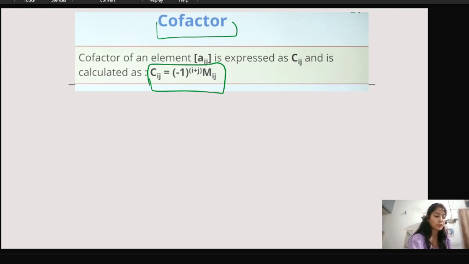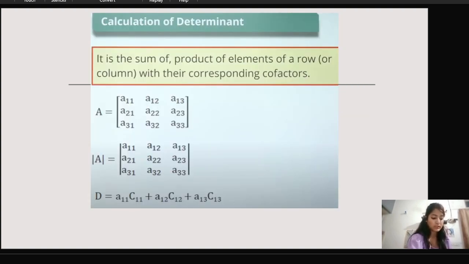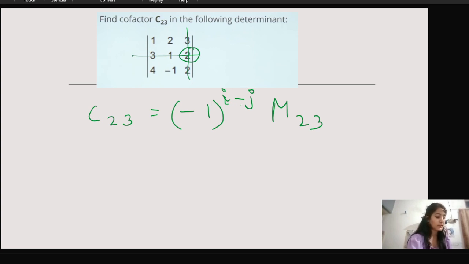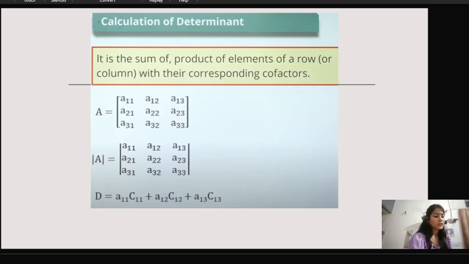Here i j is 2 3, so 2 plus 3 will be 5. If it is 5, we get minus 1 to the power 5, and M23 is minus 9. So we are getting plus 9. So C23 will be 9. Okay. Now the calculation of the determinant.